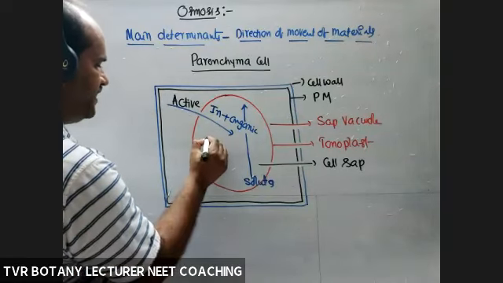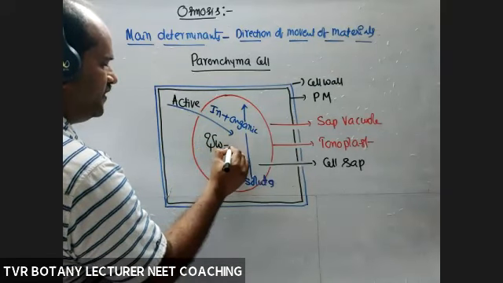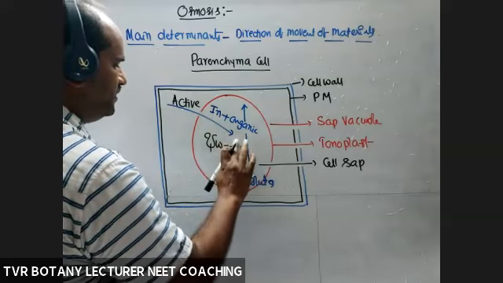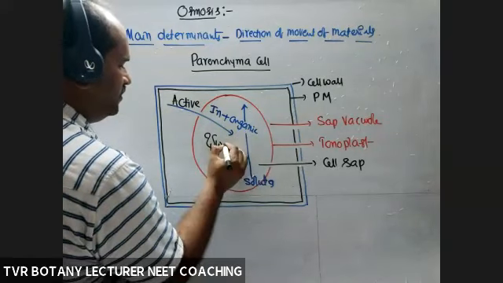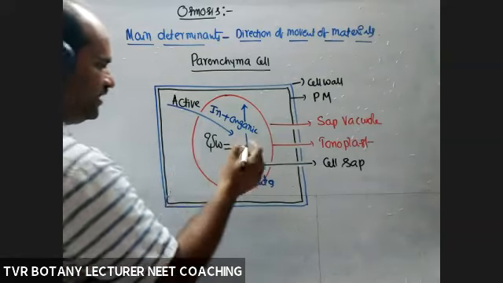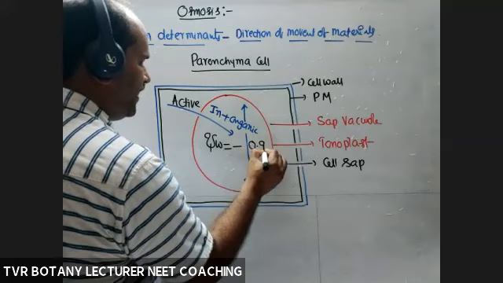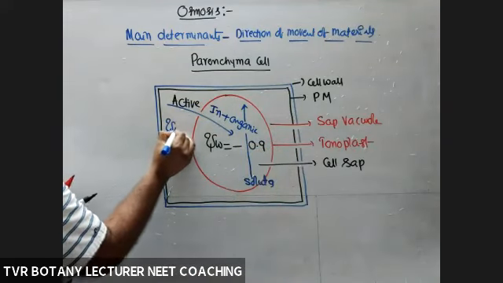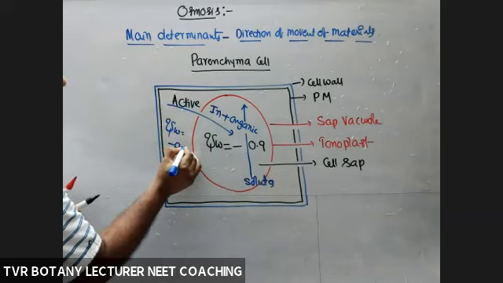Now, what about the concentration of solutes, more or not? For example, here psi W value is, say, minus 0.9, as more solutes are added. More negative or not? And in the cytoplasm, psi W value is, for example, minus 0.4.